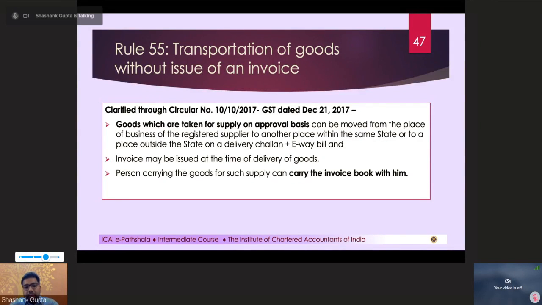How convenient. So Britannia, Amul will clear the lorry in the morning, issue a delivery challan and e-way bill for the entire goods contained in that lorry. There will be a person sitting in that lorry along with an invoice book. He will go shop to shop, ask what is the requirement, deliver the goods to them there and then, and issue an invoice there and then.